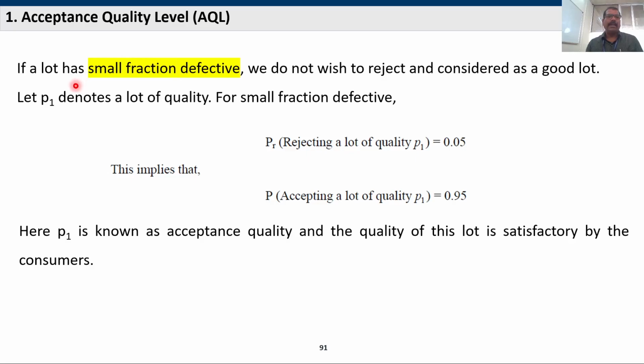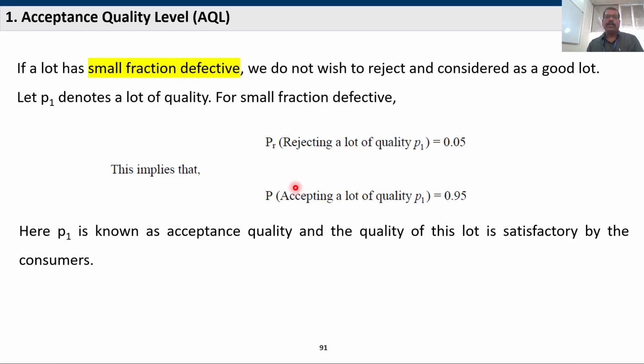If a lot has a small fraction defective, we do not wish to reject it and we consider it a good lot. Only a small fraction of defectives is there, so we don't want to reject the lot; we want to consider it good and accept. Let small p1 denote the quality of a lot with a small fraction defective.